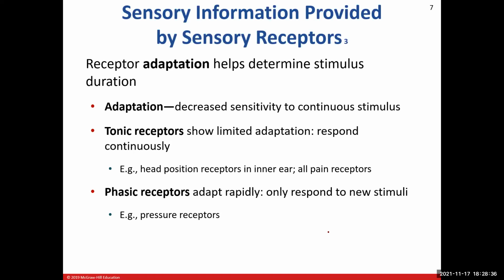Now, if you were to take that sock off and then put an even tighter sock on, these receptors would respond to that new tight sock, and you'd be like, oh, this sock is tight. But then over time, as you wore it, those same receptors would adapt, and then you become less sensitive to the tightness of that new sock that you just put on, the second sock.